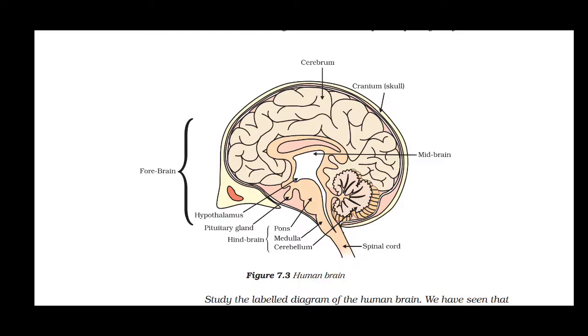It controls the voluntary actions like writing, walking. It stores the information in the form of memory. Whatever we are doing in our daily life is stored in our memory, in the forebrain, that is in the cerebrum. It receives sensory impulses from various parts of the body and integrates them. It is a center associated with hunger.